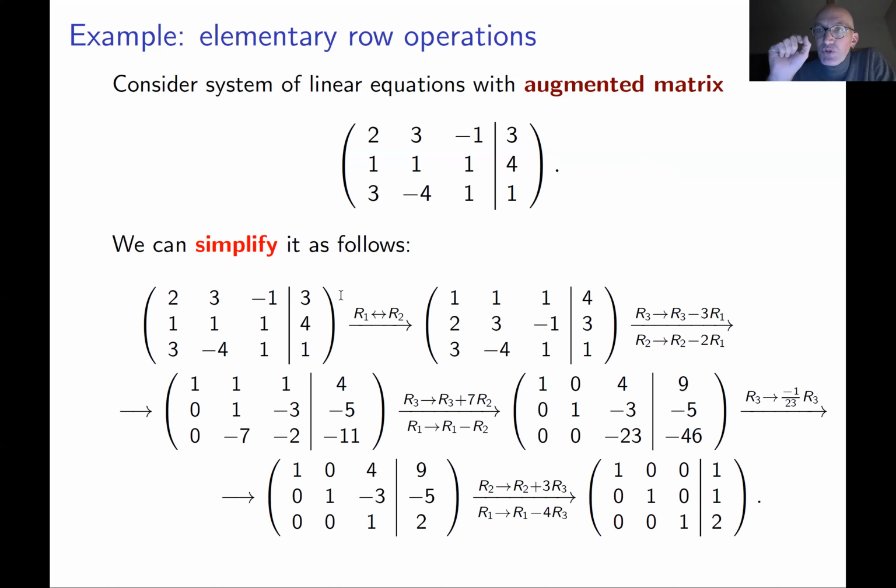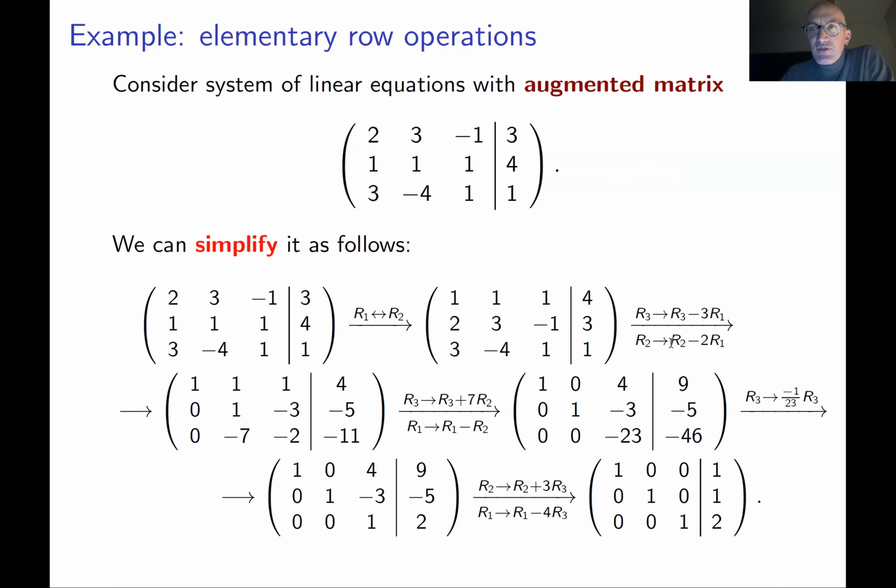So I can put on one slide much more than I could when I used notations for a system of linear equations. So if you remember this example, we swap the first and the second row. Then here we actually performed two elementary row operations at once.